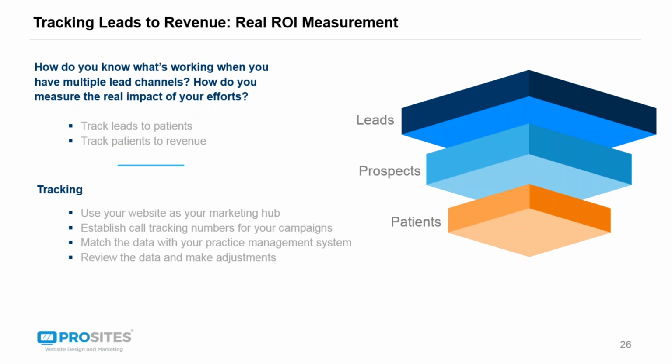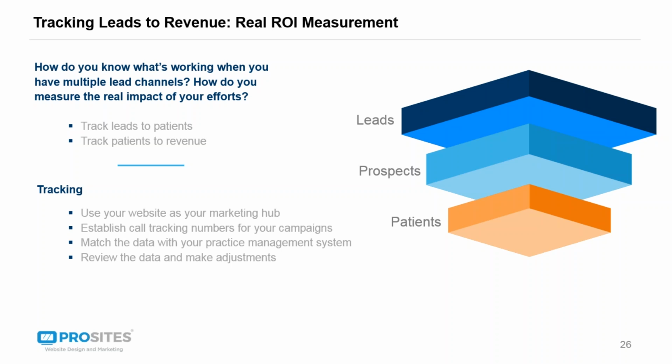And by having a compelling website that's tracking your information, as well as establishing call tracking numbers for each one of your campaigns, so that if you do a pay-per-click campaign and you have a phone number on that ad, you want to have a different phone number that still rings to your office, but is tracked separately so you can know what's working. Then you want to match the information that's coming in as a lead to your practice management system. Then you can review the information and make adjustments.